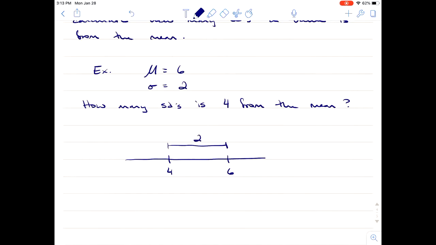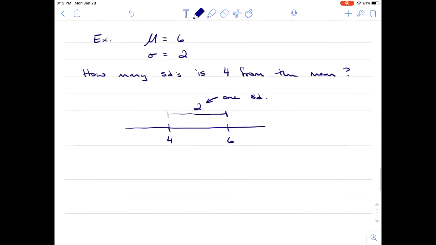And because a standard deviation is 2, I've fit 1 standard deviation in here. So therefore, 4 is 1 standard deviation below 6. So we can kind of do problems like that.